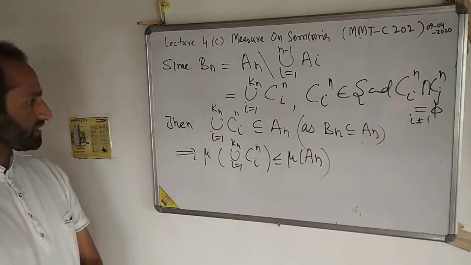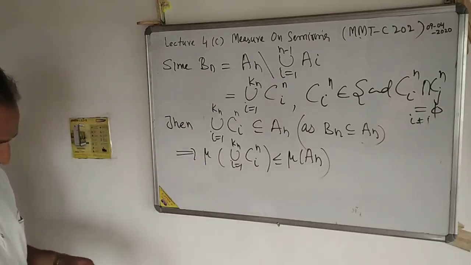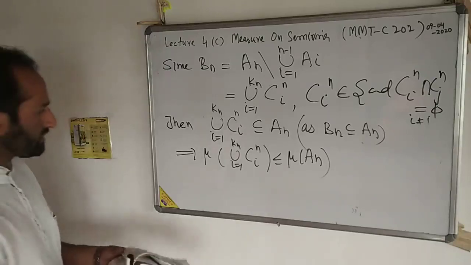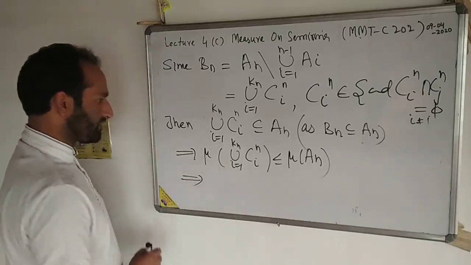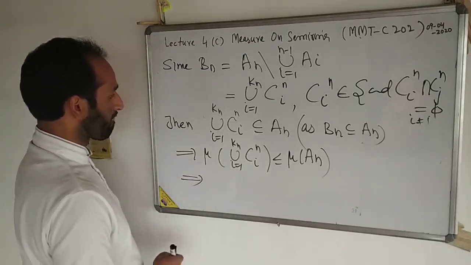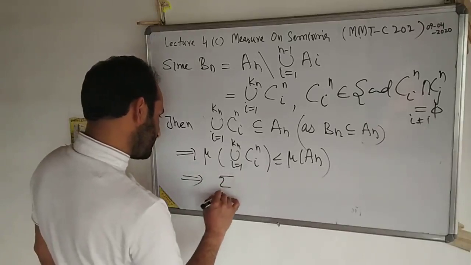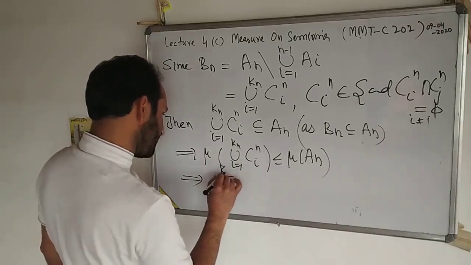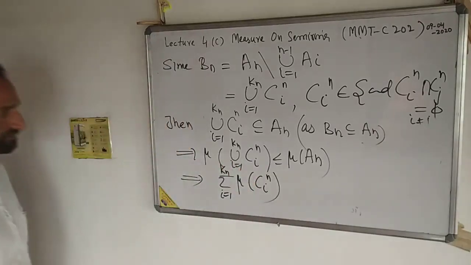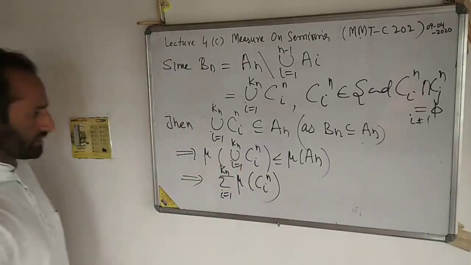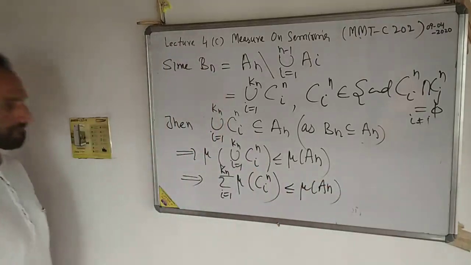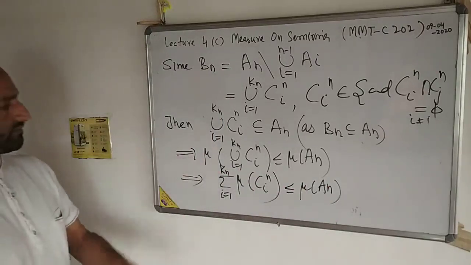So the measure of each set is less or equal to that of An. Let's apply the finite additive property of this mu. This means the summation i runs from 1 to Kn of mu of Cin is less or equal to mu of An. So this one is equal to the sum.